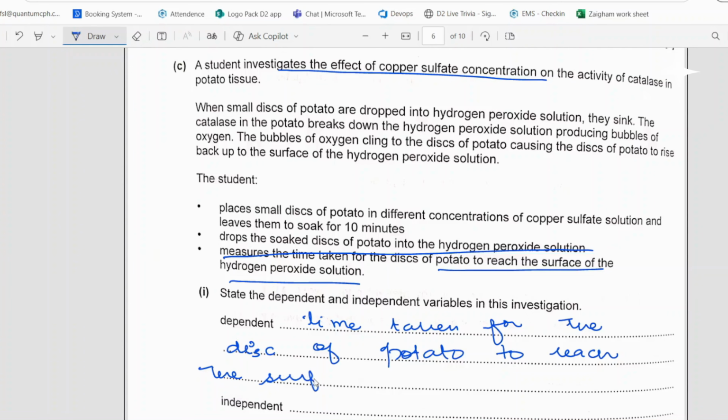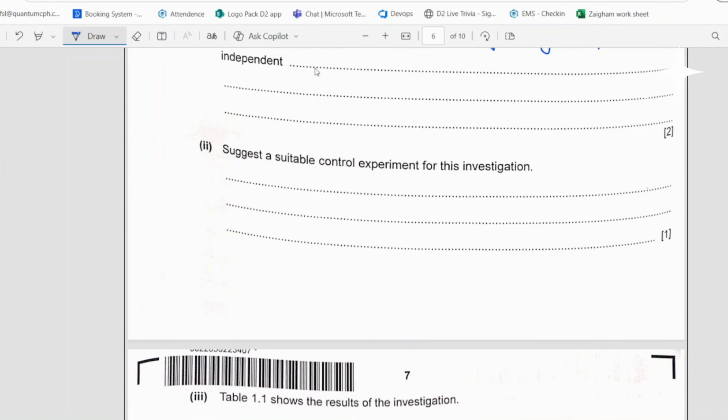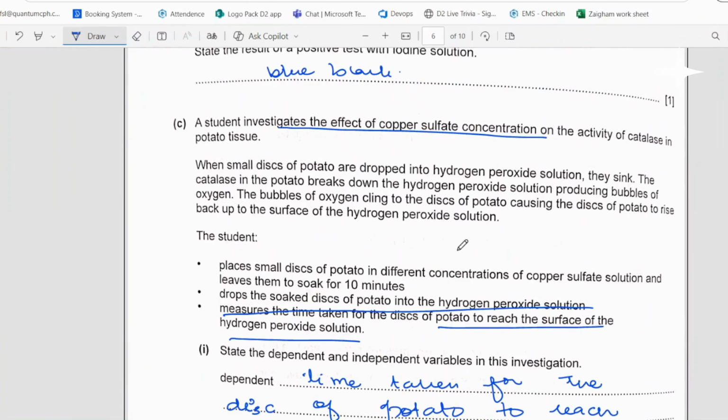And the independent variable is the concentration of copper sulfate solution.